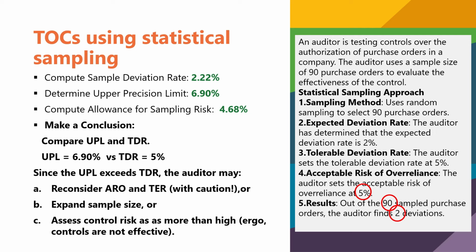So when the auditor sees results like this, where the upper precision limit exceeds the tolerable deviation rate, the most likely conclusion is that the controls are weak or not effective and therefore should not be relied upon. However, as we have pointed out, the auditor can consider either reconsidering ARO and TER or expanding sample size before coming up with that decision. This is what's going to happen if the auditor uses a statistical sampling plan.